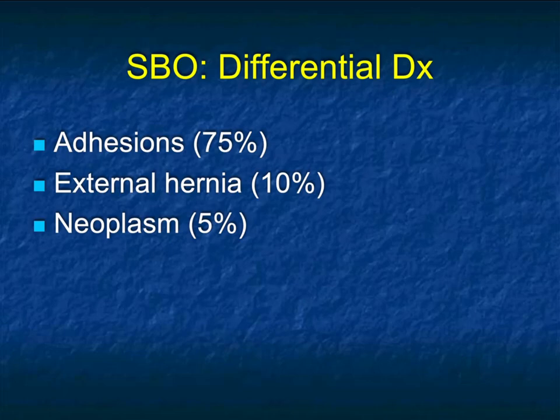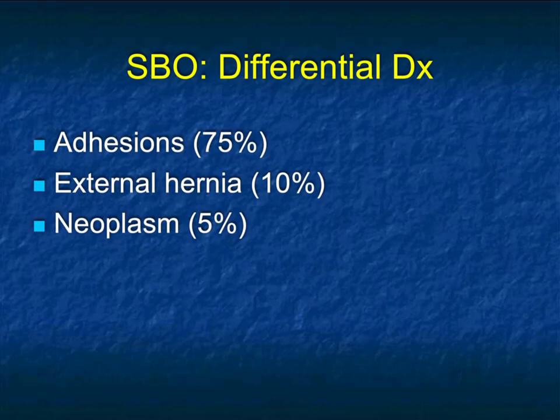If you look at big numbers, adhesions rule the way, 75%, external hernias 10%, and neoplasm about 5%. The problem with adhesions, of course, as we know, is you can see the transition point. Often it's hard to see the adhesion because it could be as thin as a piano wire.